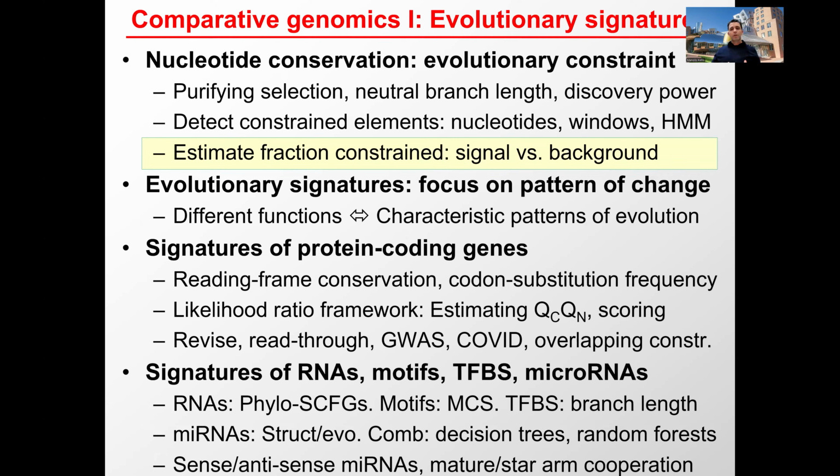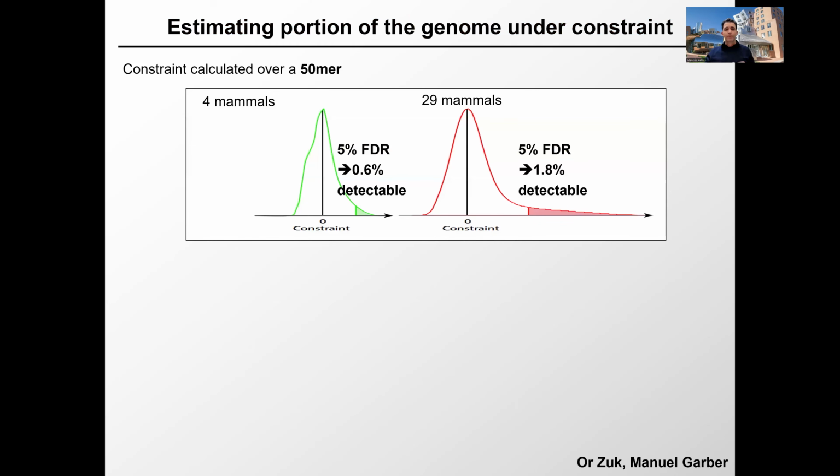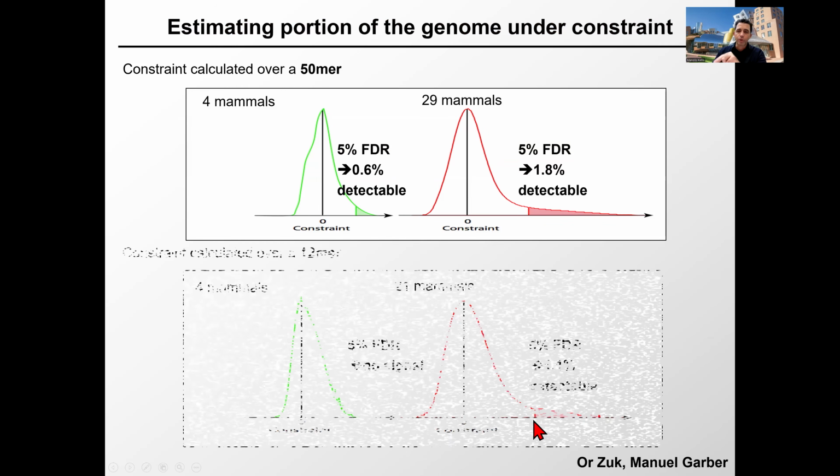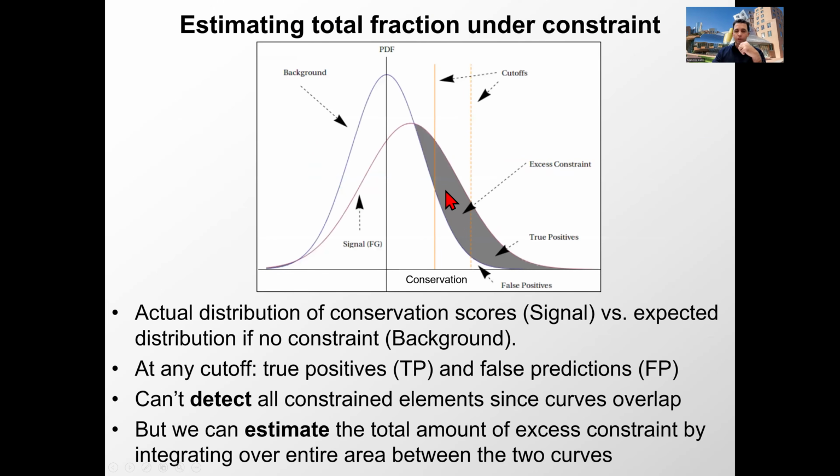So we can use this to detect individual elements that are constrained, or we can use this to estimate the total amount of constraint. And that's very important for many, many different applications. You could basically say, how long is the tail of conservation, and how much can I observe as above expectation?